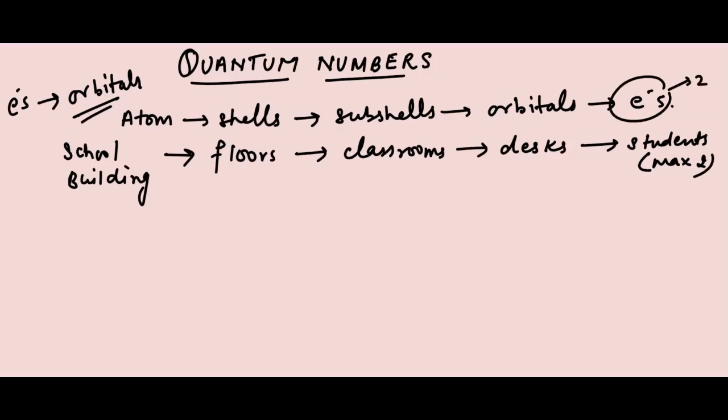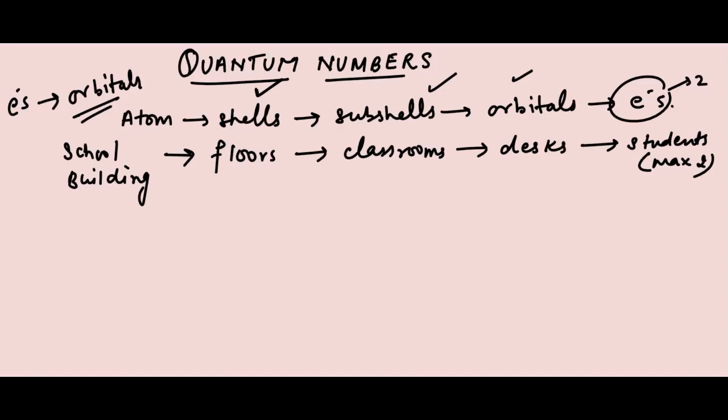Now, if I ask you what is the location of the electron? For telling the complete location of the electron, you must have the knowledge of the orbital, the subshell, and the shell. To represent the shell, subshell, orbitals, we use simple numbers, and these numbers are called quantum numbers.